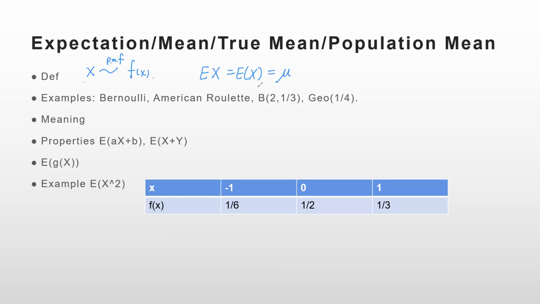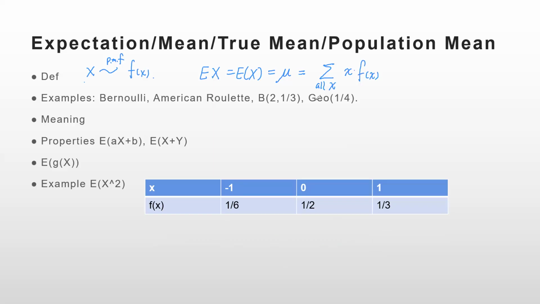They are both commonly used, E of x and mu. Mu again is probably more often used in statistics. So this quantity is defined to be the summation of little x times f of x, and you sum up for all x.